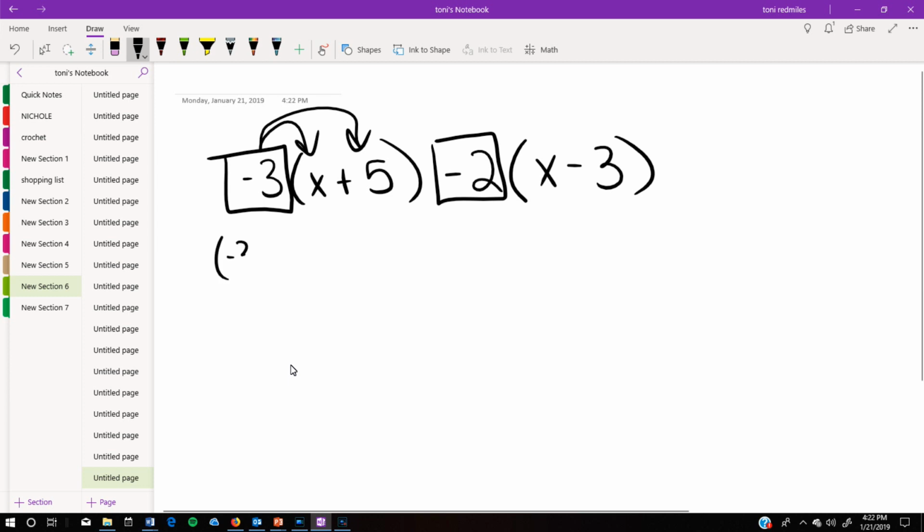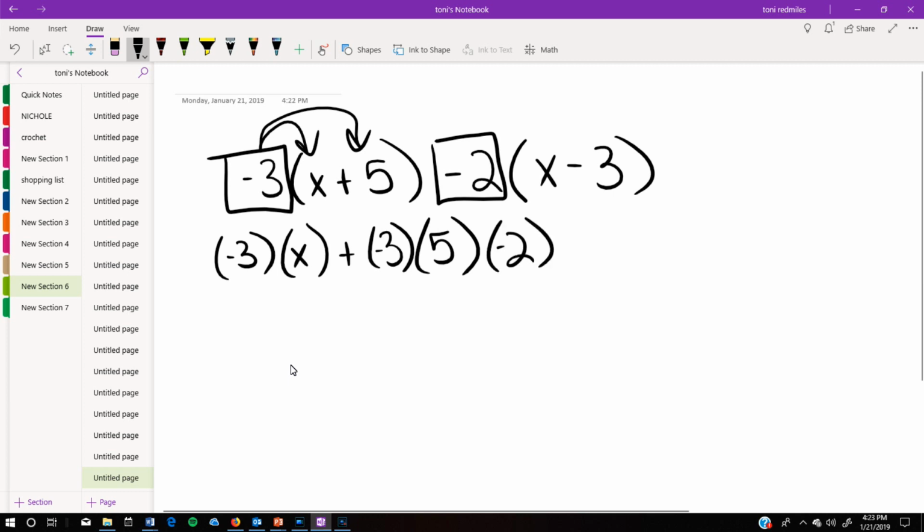So I'm going to put my little parentheses there so that I'm not getting confused with my negative. I'm going to take my -3 and times it by the x, and I'm going to take my -3 and times it by the 5. All right, in this next one, I'm going to take my -2 and times it by the x. The x is positive, so I'm going to put a positive there. Then I'm going to drop down the negative, and I'm going to take a -2 times the 3.